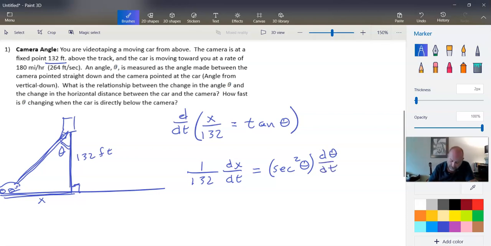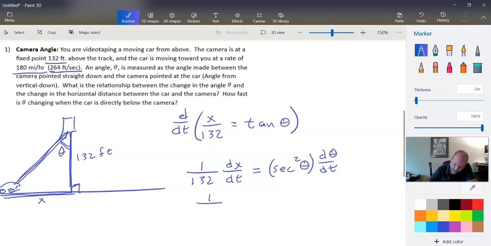Okay, so we need to figure out if we have either of those things now. So dx/dt is a velocity, a change in distance over time. Well, we have 180 miles an hour, but that's in miles, and everything else is in feet, so let's deal with feet. 264 feet per second is the change in x with respect to time.